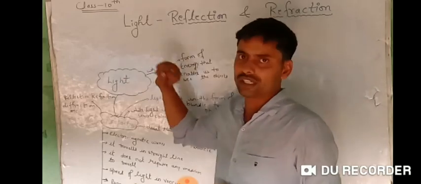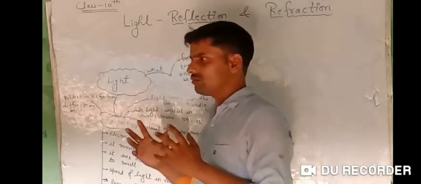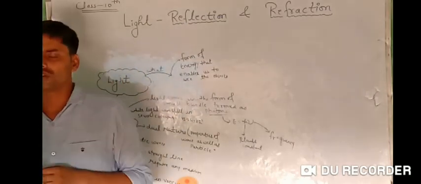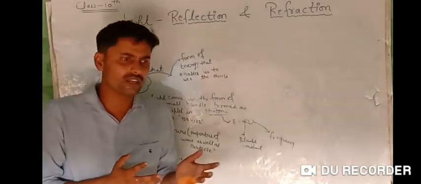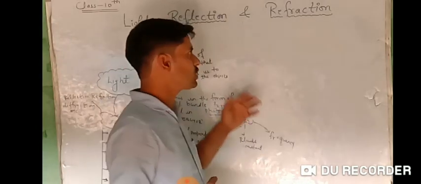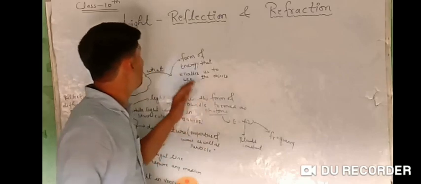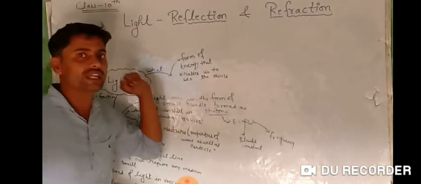That is light. Sometimes you have thought about what is the energy, what is that natural power that makes us able to see this colorful world? That power, that energy is light.